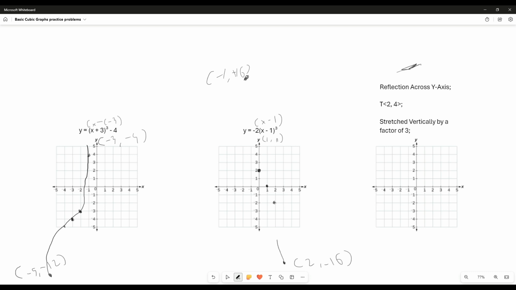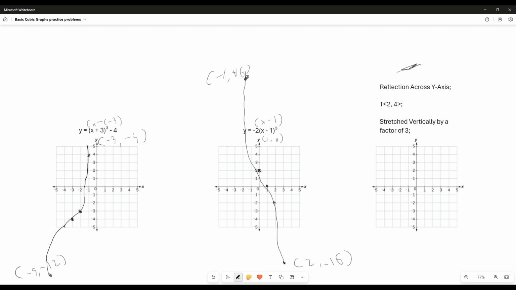Draw a line through it, and our cubic graph is done. Now notice how, if you can tell with my terrible drawing, this kind of got a little bit skinnier. You could say it was stretched vertically a little bit.